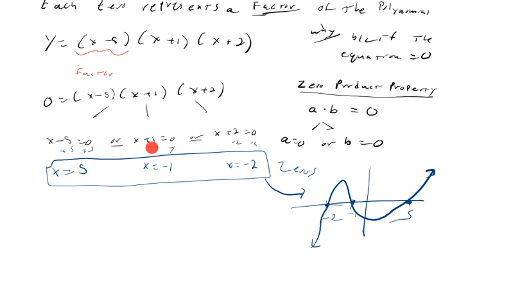A thing you can notice, a trick you can do, is that you see here, x minus 5, my answer was plus 5. So all you're going to do to find the zeros is flip the sign of the factor.